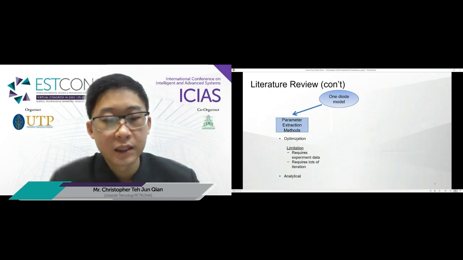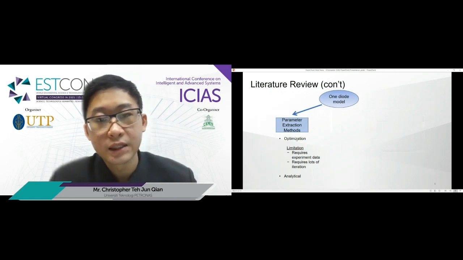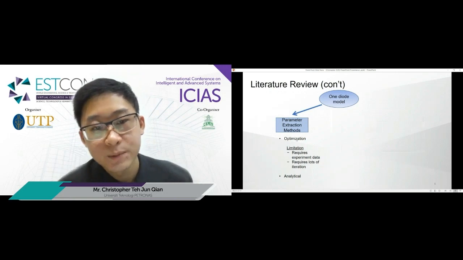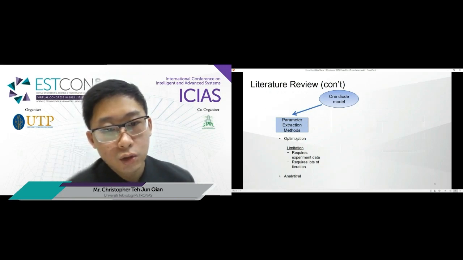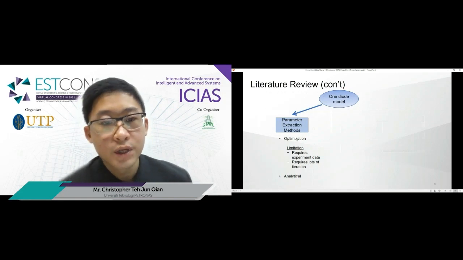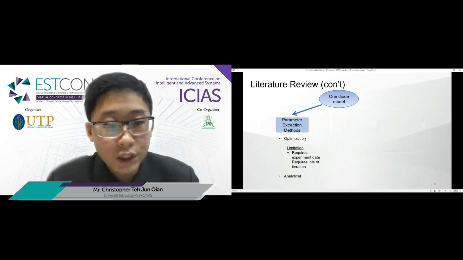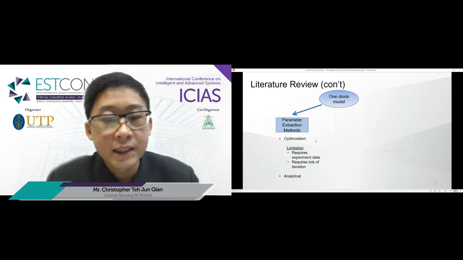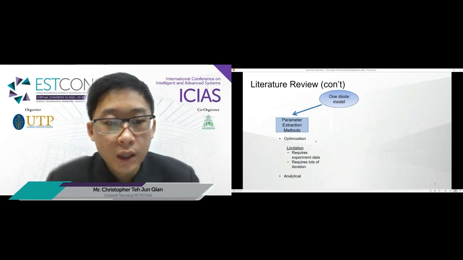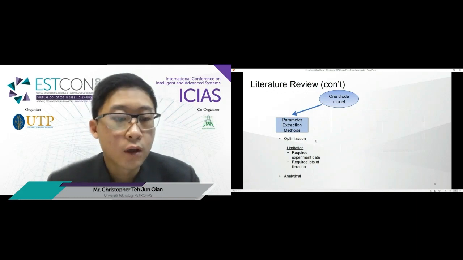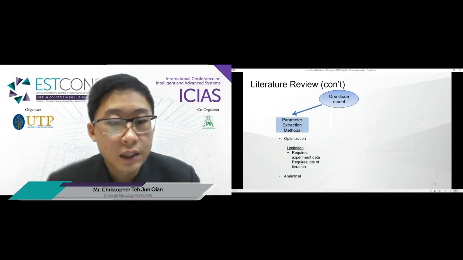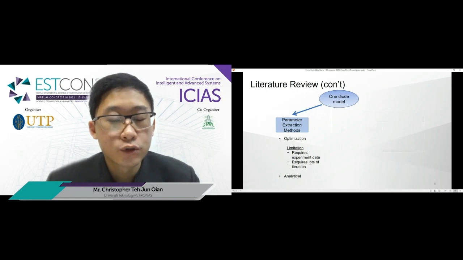But the limitation of this method is that it requires experimental data. Without experimental data, the algorithm cannot iterate or perform optimization, and this causes a problem for researchers who do not have proper equipment to collect data from experiments. Not only that, the optimization method also requires a lot of iterations, and this also causes a low convergence rate.